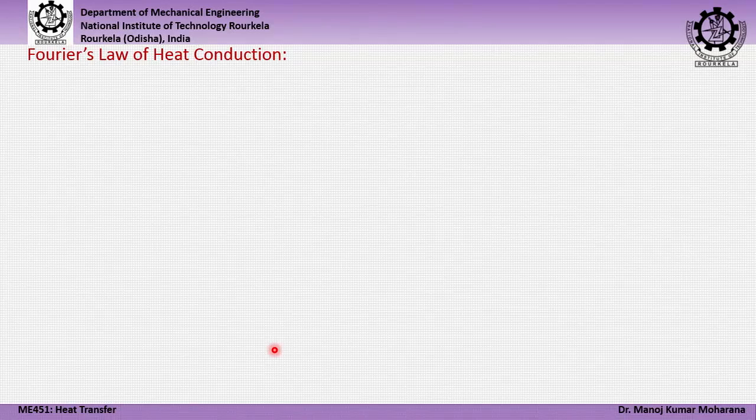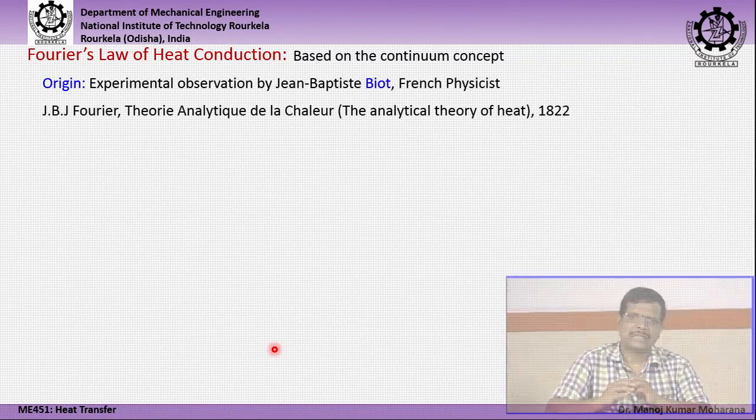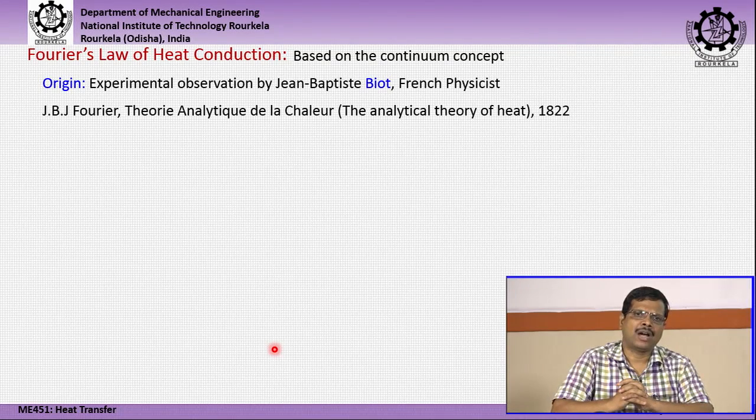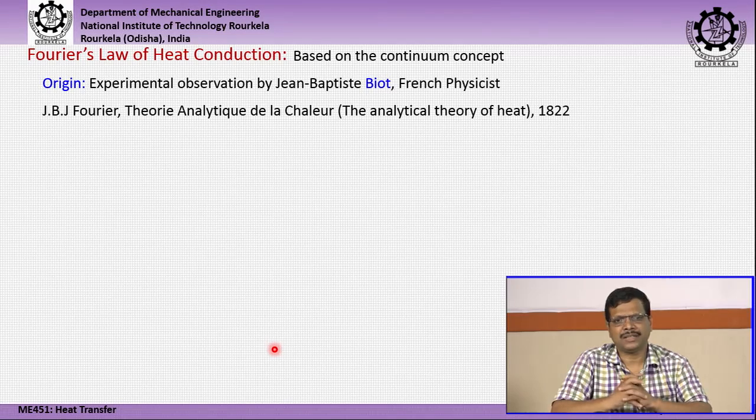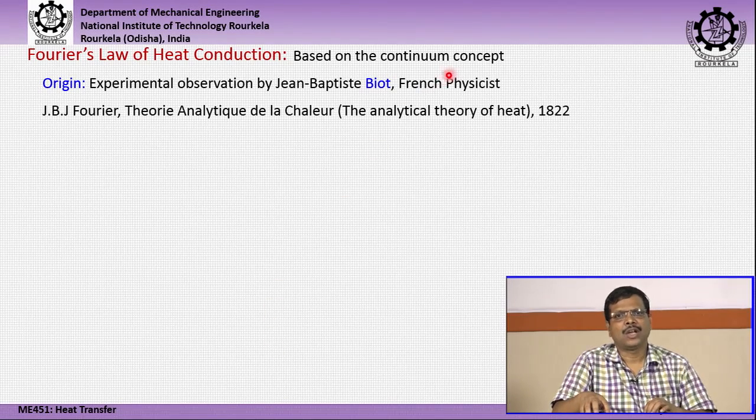So, next we will go for something called Fourier's law of heat conduction. This law will give us an idea on how to calculate the amount of energy transfer or heat transfer by means of conduction. Fourier's law of heat conduction is based on the continuum assumption, and its origin comes from experimental observation by a scientist known as Biot.